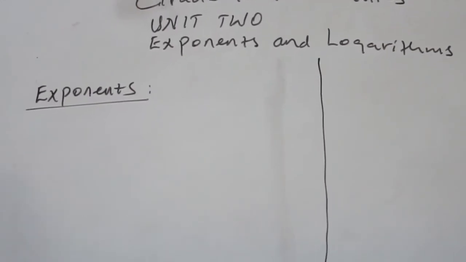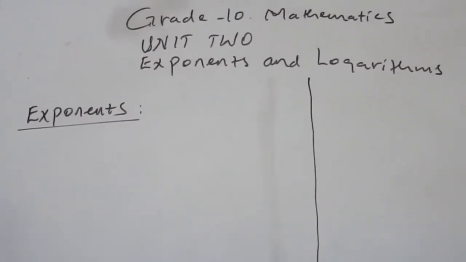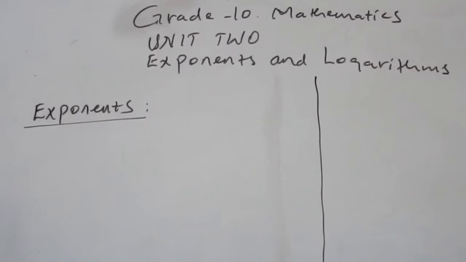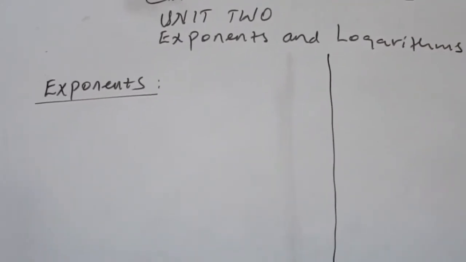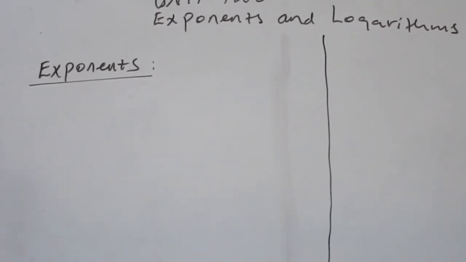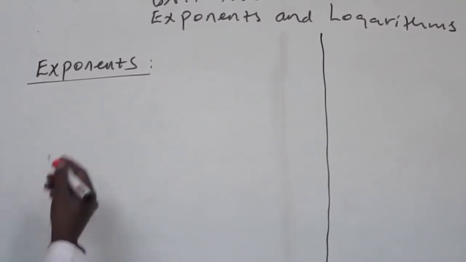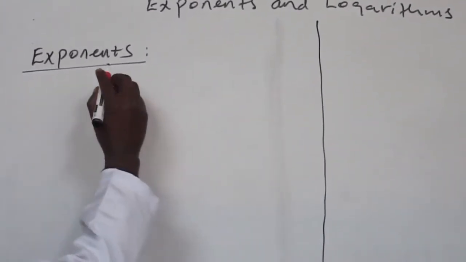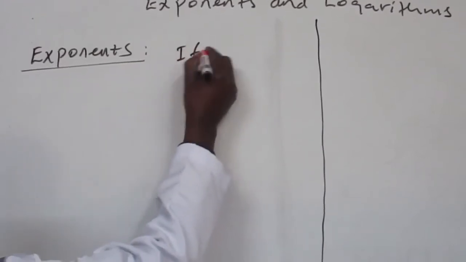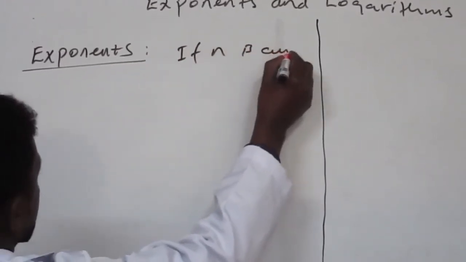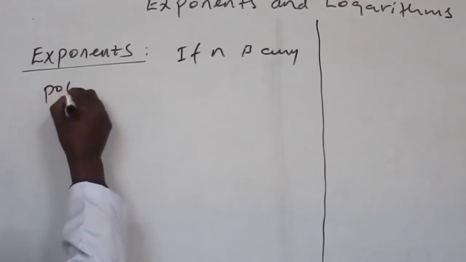From grade 9 lessons you have learned about radicals and taking the square root or any root of numbers. So to define exponents, let's say n is any positive integer.